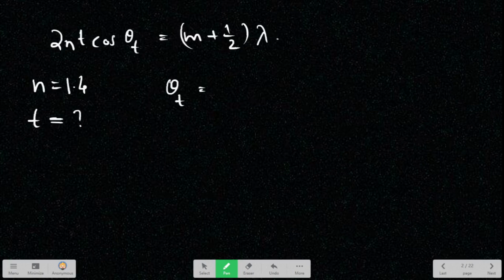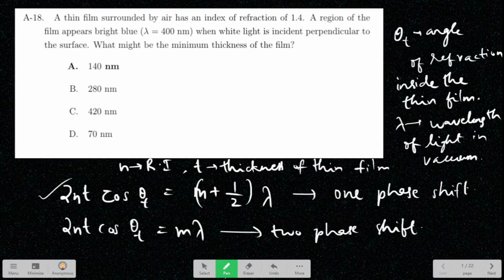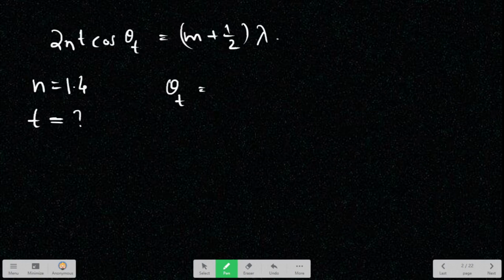Theta t is equal to... it is said that the light is incident perpendicular to the surface, which means theta i is equal to 0, and from Snell's law n1 sin theta i is equal to n sin theta t.